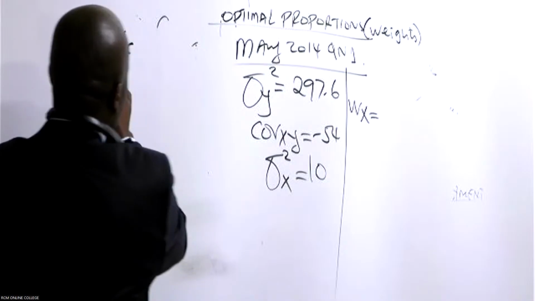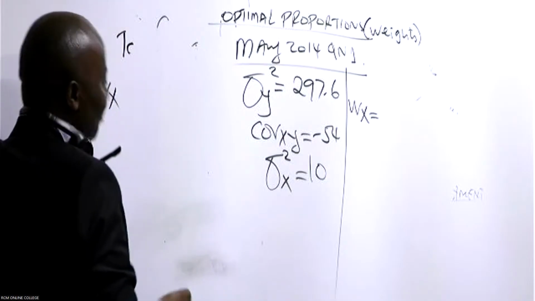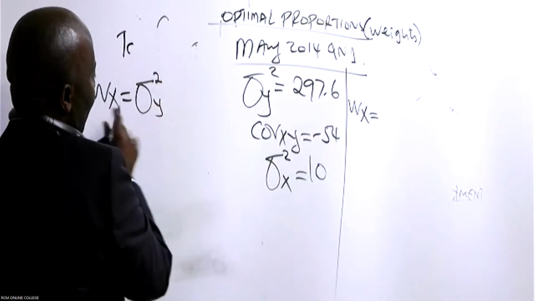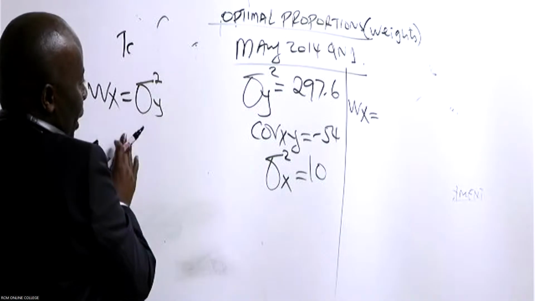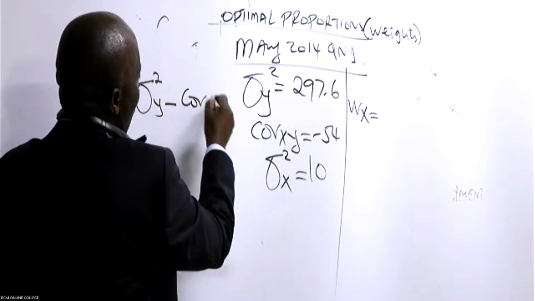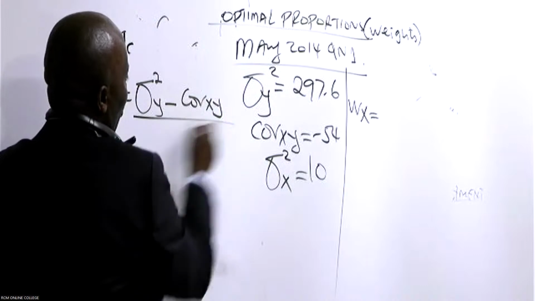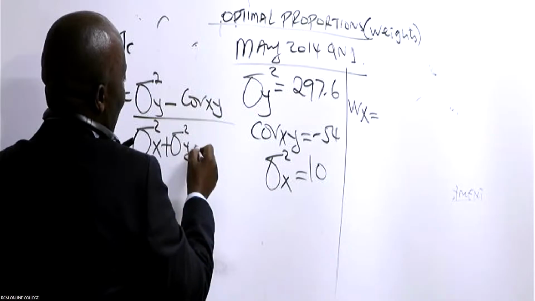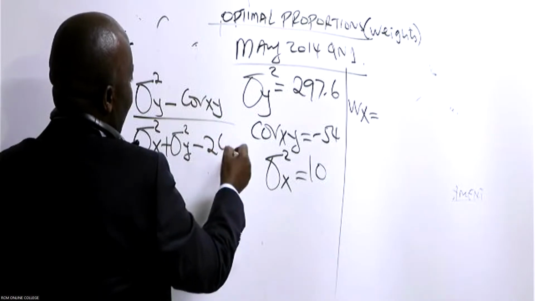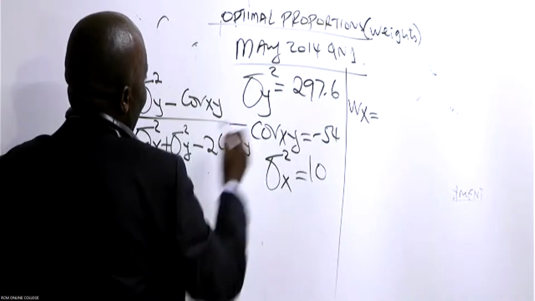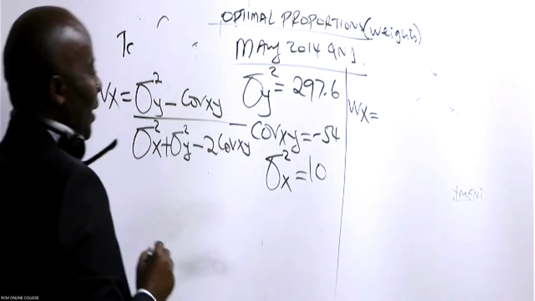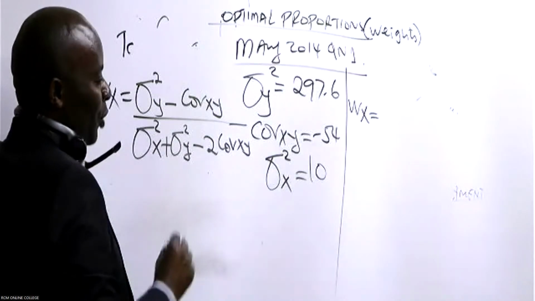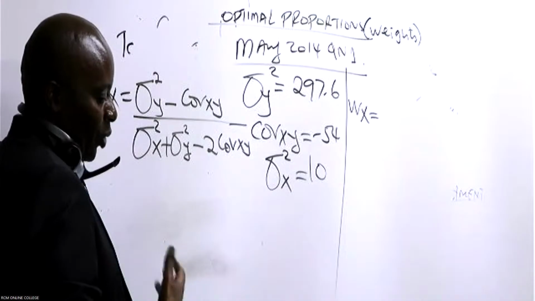I start with the variance of Y: weight of X equals variance of Y minus covariance of XY, all over variance of X plus variance of Y, minus twice covariance XY. This is really important. This topic has so many formulas, but if you keep on repeating whatever I give you in class, you'll always like the paper.